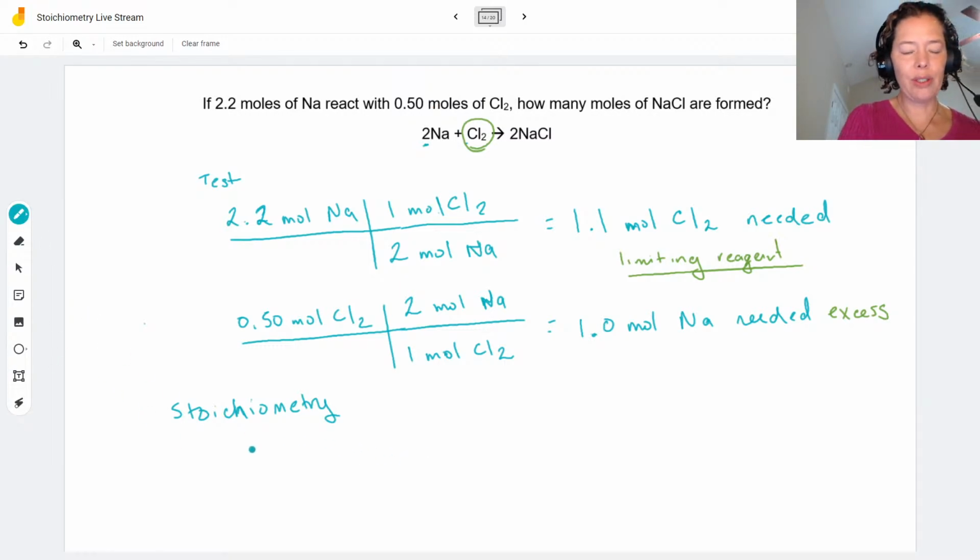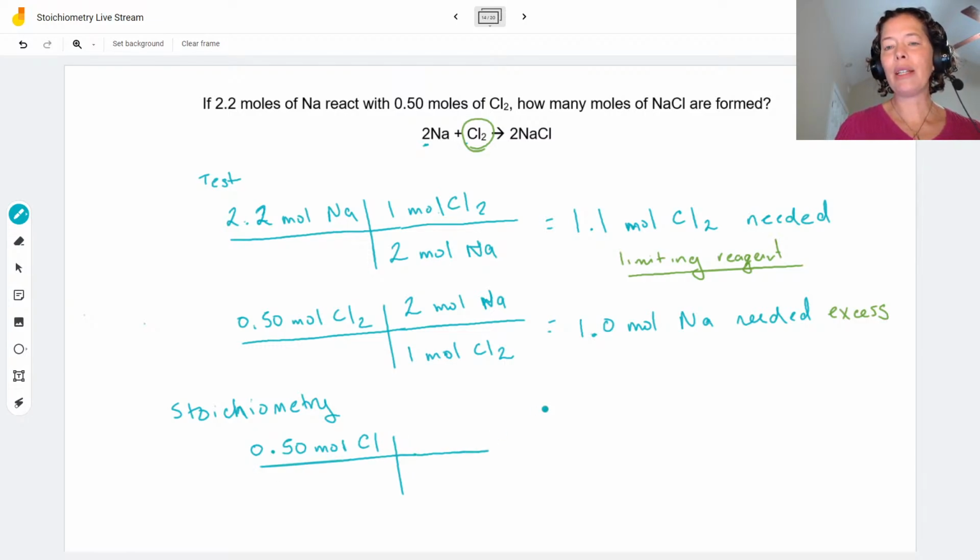So I am going to start with my 0.5 moles of chlorine. And the nice thing about this one being simpler is I am looking for moles of sodium chloride, so I just use my mole ratio. So my moles of chlorine will cancel, and I am going to moles of sodium chloride.